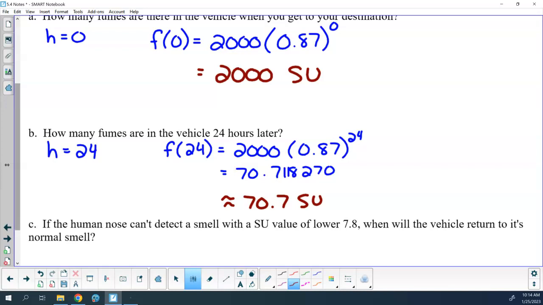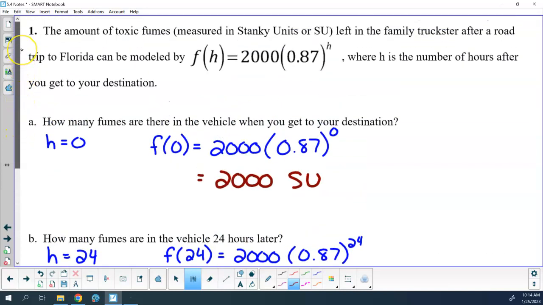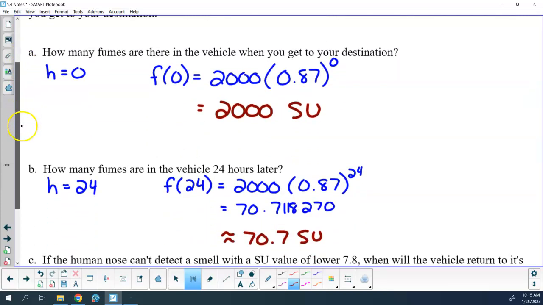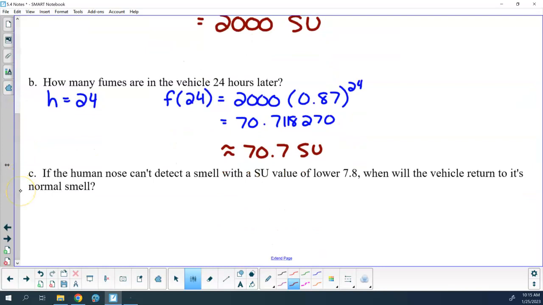Exactly. Because the original equation is the measurement of Stanky units. So if my 7.8 is the Stanky unit threshold for the nose, we would set the function equal to 7.8. So we would have here 7.8 equals 2,000 times 0.87 to the h power.